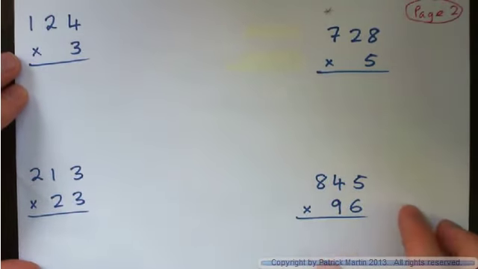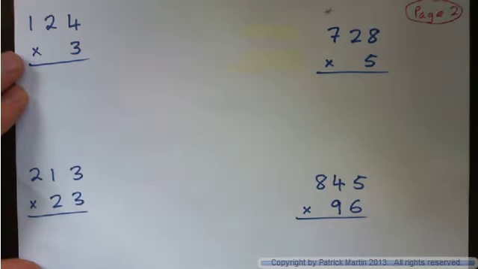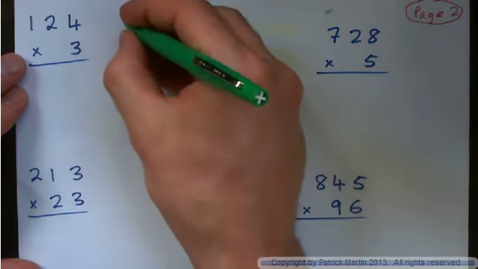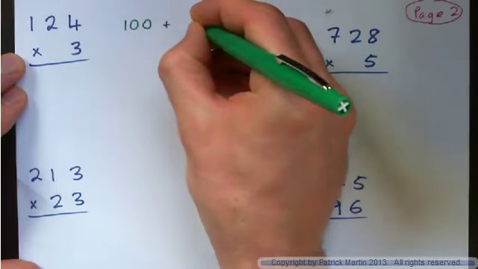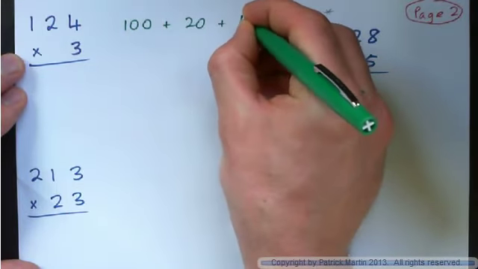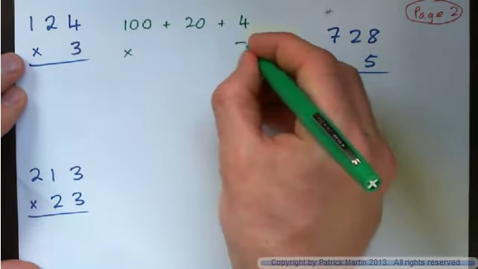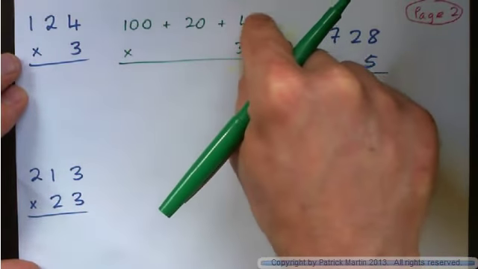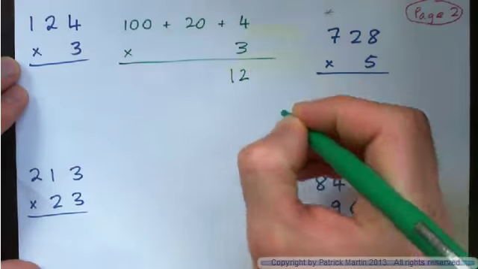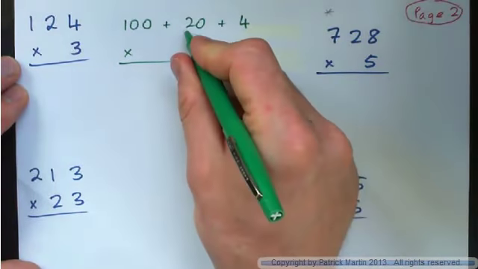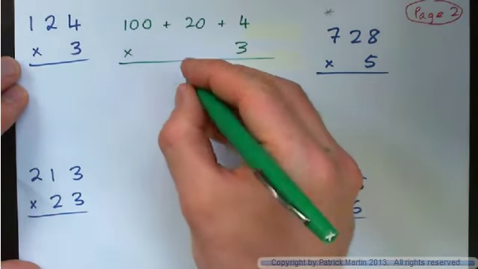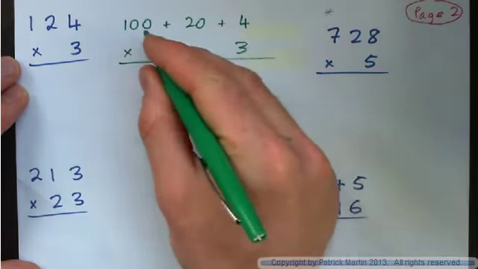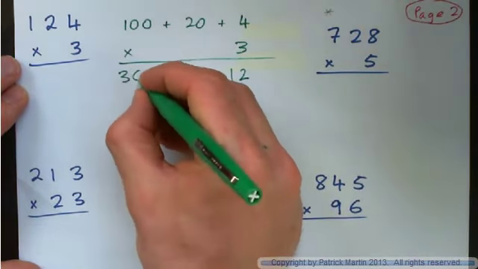124 times 3. We could write that out, because that is in fact once again 100 plus 20 plus 4. You're multiplying it by 3. Okay, so it's 3 times 4 units is 12 units, right? 3 times 20 is what? 60. 3 times 100 is 300.